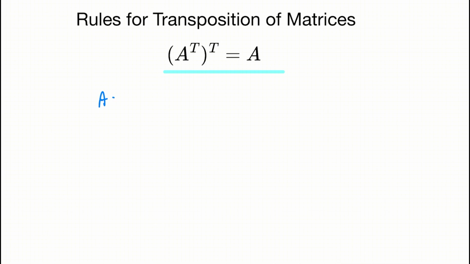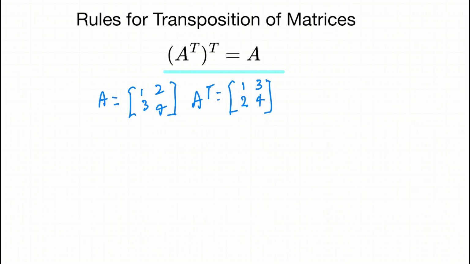So if A is equal to 1, 2, 3, 4, then A transpose, interchange our rows and columns. So the first row, 1, 2, becomes the first column. The second row, 3, 4, becomes the second column.